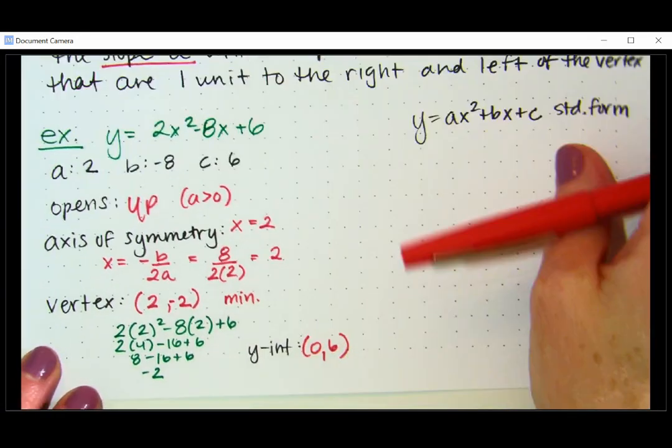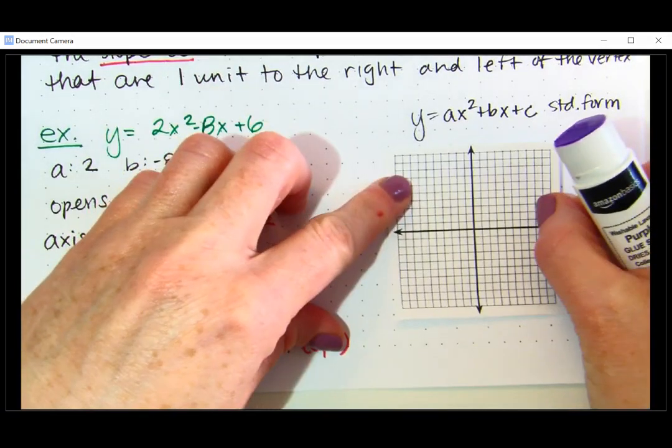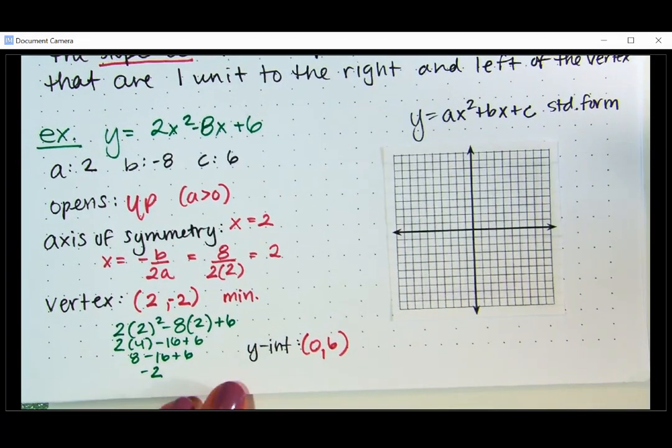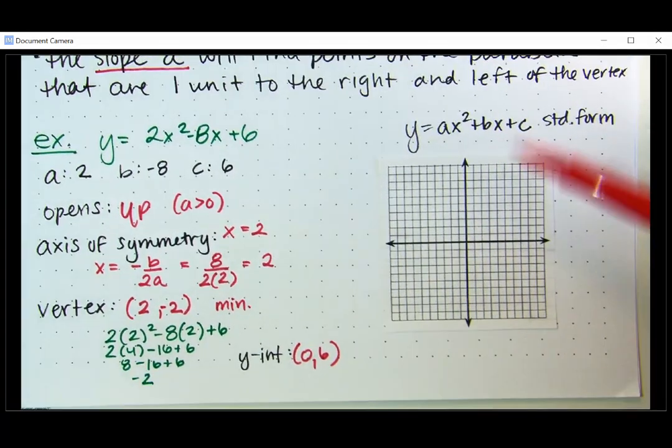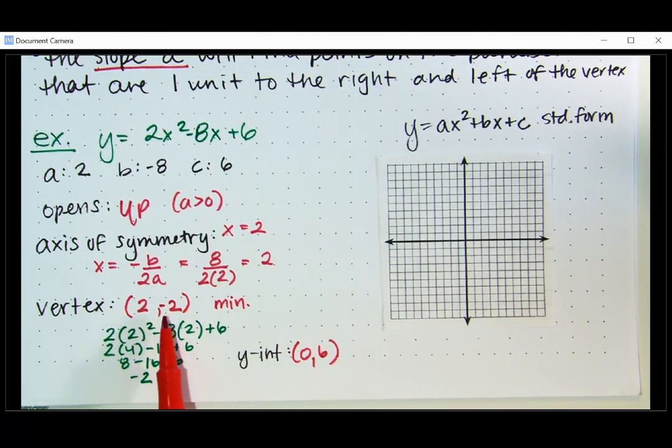So if you have graph paper, you'll want to use it. All right, so my vertex, that's a really good place to start, is at 2, -2.